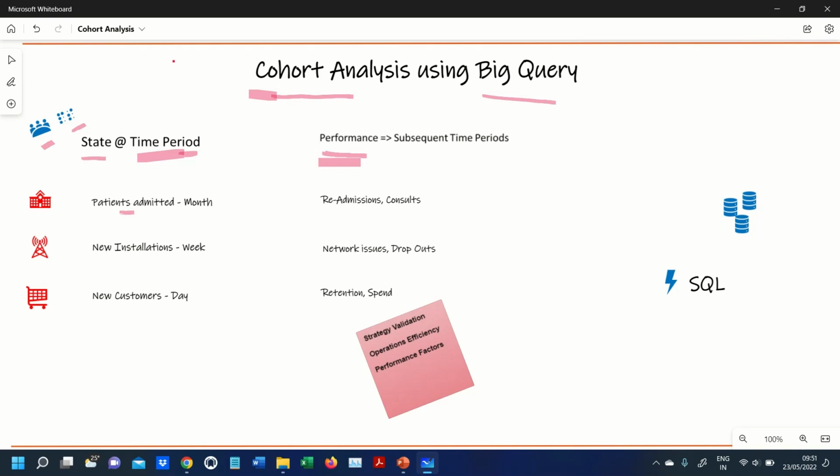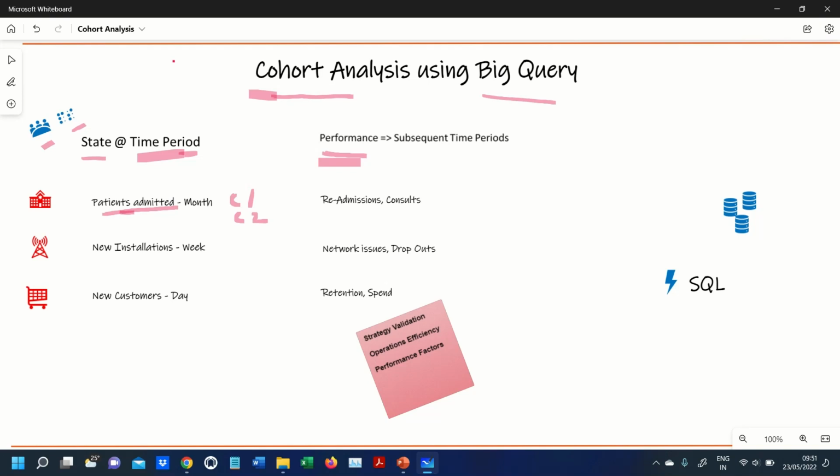Admitting to the hospital is one state. One group of people who got admitted to hospital in the month of January will be one cohort, that is cohort 1, right? Like that the group of people who got admitted to hospital in February will be the second cohort, that is cohort 2.